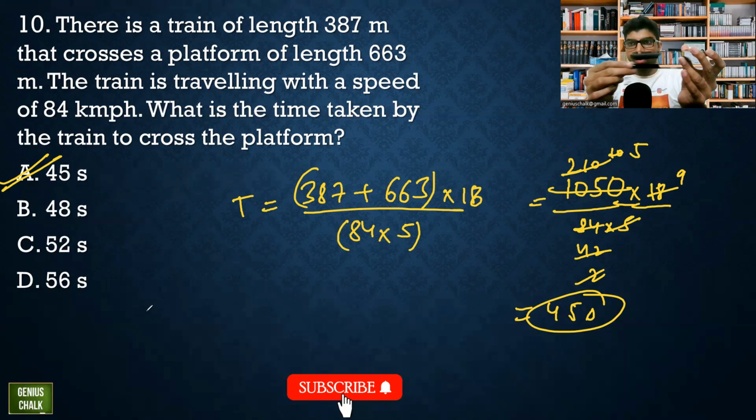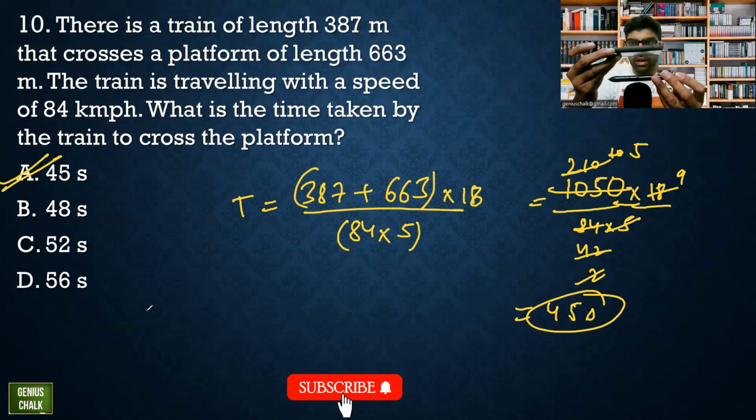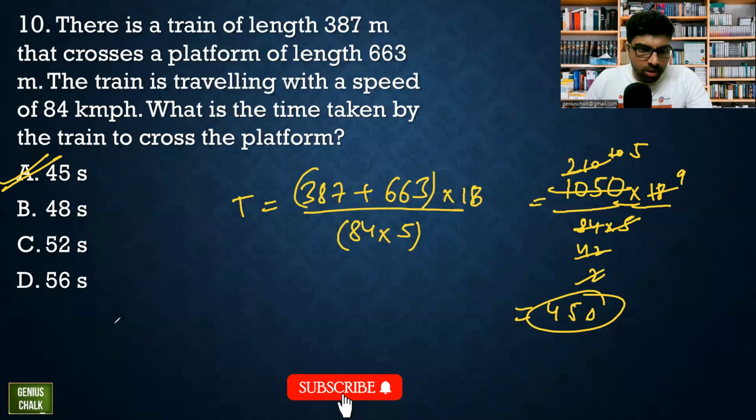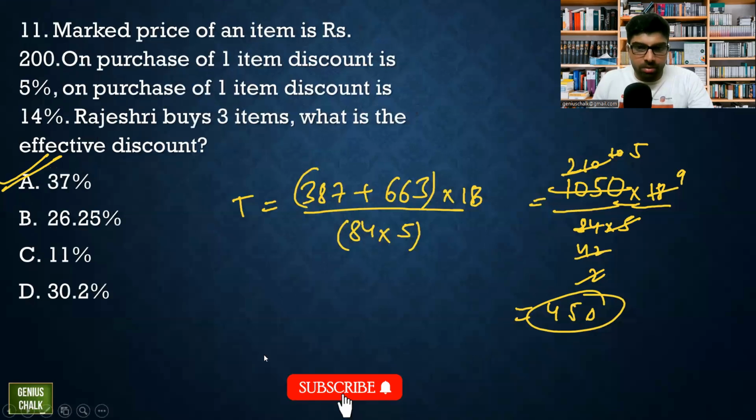Train length and platform length both need to be added for this. So this is the platform, this is the train, crossing it like this. And when it leaves it, it goes like this, right? So that's why L1 plus L2, because the platform is not moving, it is stationary, right? So always remember this whenever this type of question comes. These are very important for exams.